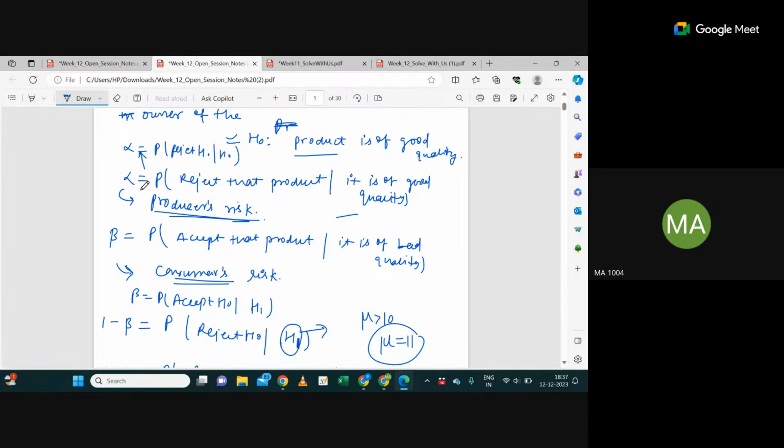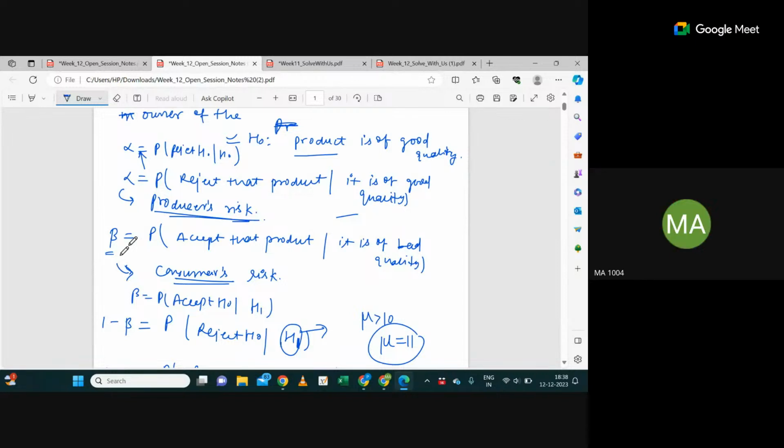So how can you define alpha? Alpha is the probability that I will reject that item given that it is of good quality. And beta is the probability that you accept that product even though it was of bad quality.